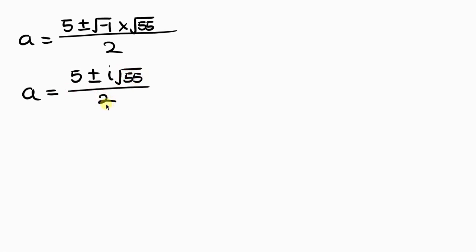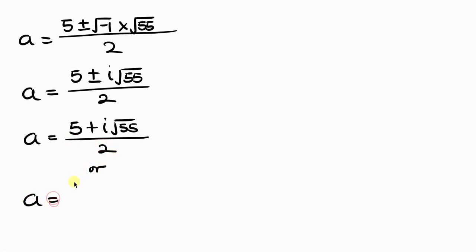So there are actually two values of a here. We have a equal to 5, go with a positive, plus i root 55 all over 2, or a is equal to 5, now this time go with the negative, minus i root 55 all over 2. Very good.